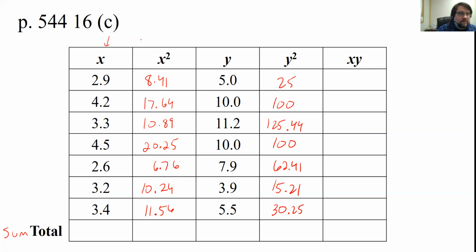And then x times y. So I'm going to multiply this column times this column, just going across. So 2.9 times 5, 14.5. 4.2 times 10, that'll be 42. 3.3 times, oops, back it up, 11.2.